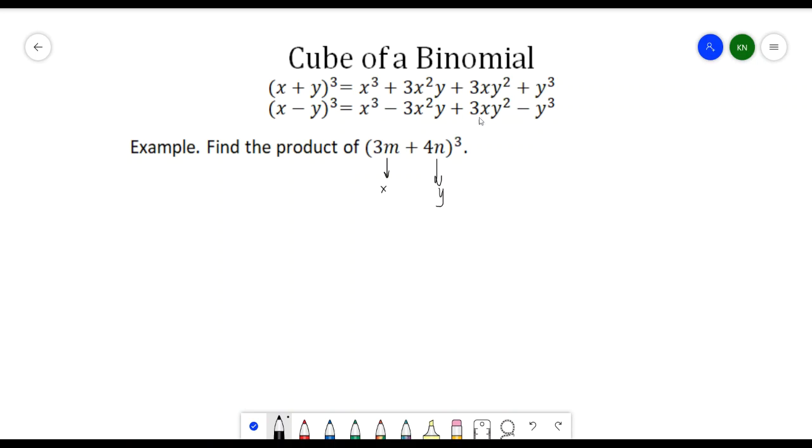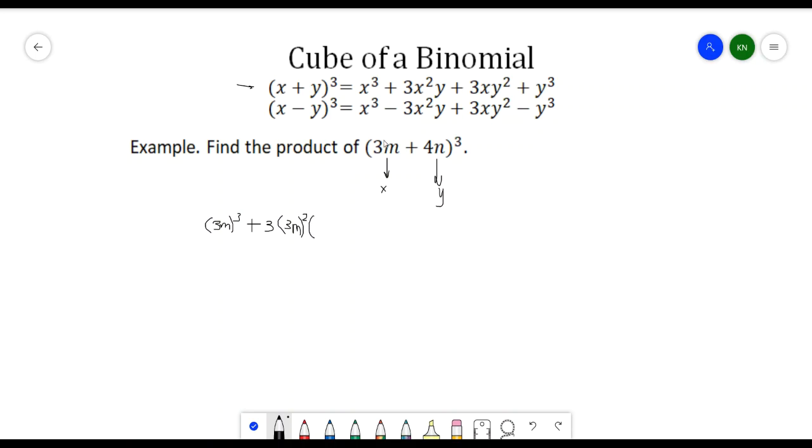Following the format here, we have x cubed, which is 3m cubed, plus 3 multiplied by our x squared. So we have 3m squared.